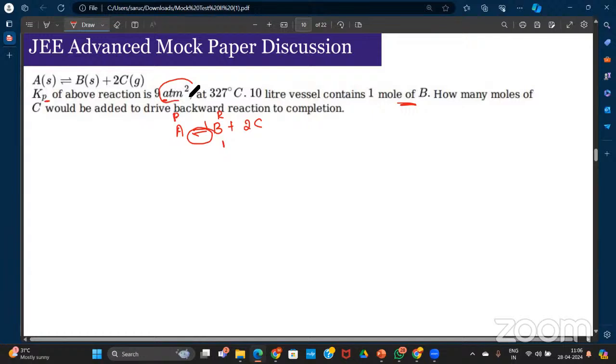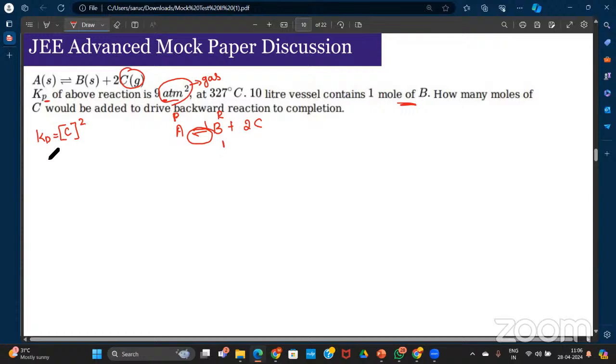So Kp is equal to the concentration of C, because it's the only gas. Therefore, the Kp value is given as 9.